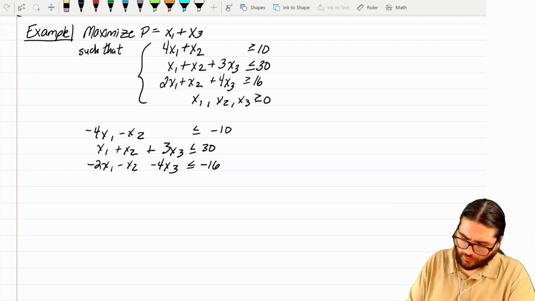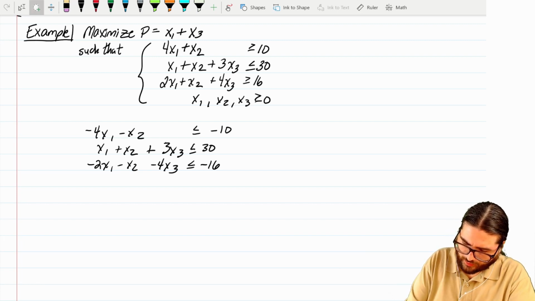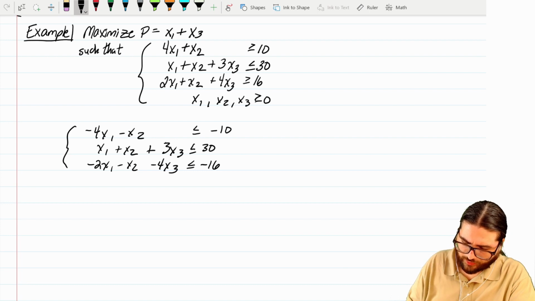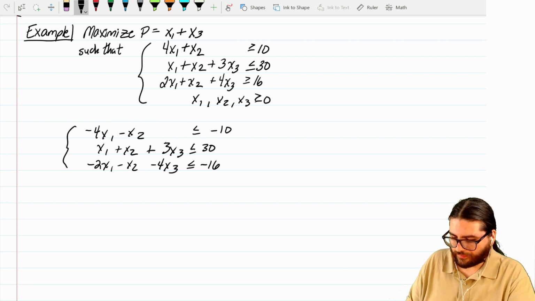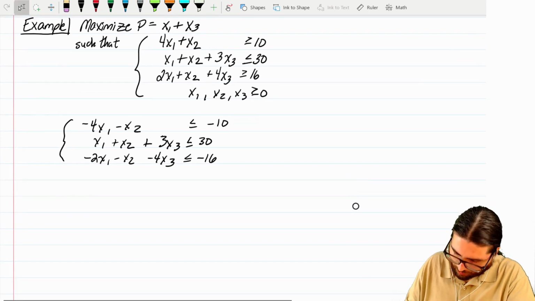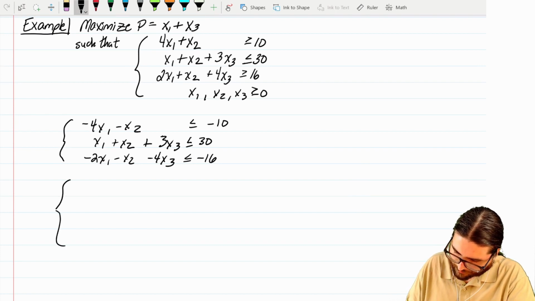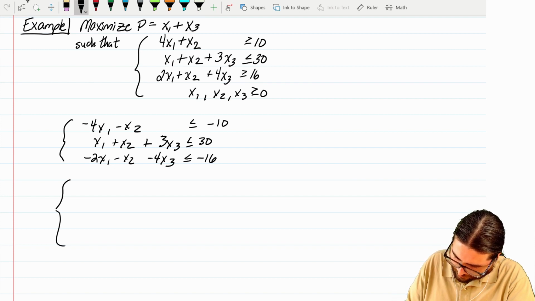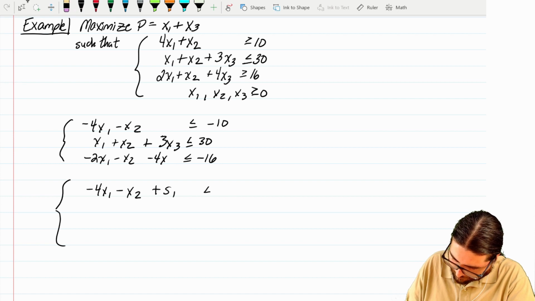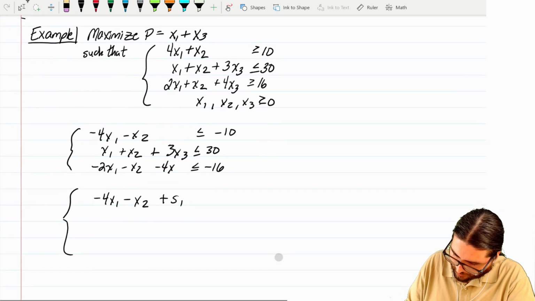And so now, this is my set of inequalities. Now let's turn this into a simplex ready sum of equations. I'll start with the top inequalities, add a slack variable. I add the slack variable, and it becomes an equal sign.